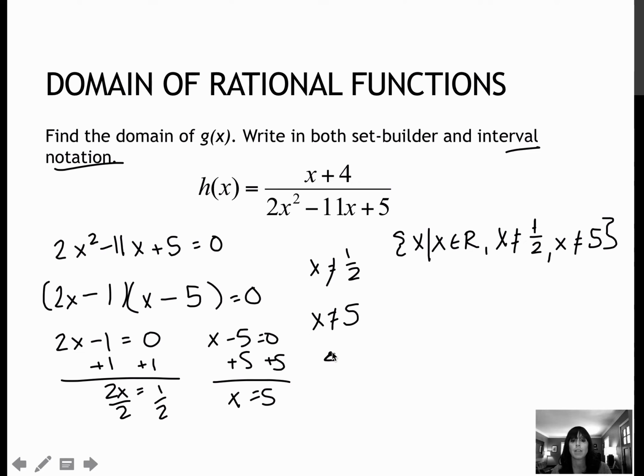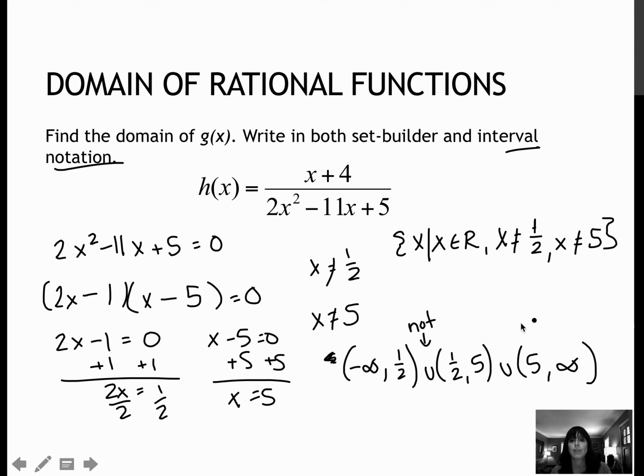I'm going to say from negative infinity all the way up to 1/2, not including either one. From 1/2 all the way to 5, not including either one. And from 5 all the way to infinity. So essentially I'm saying not 1/2 and not 5. Everything else is okay.